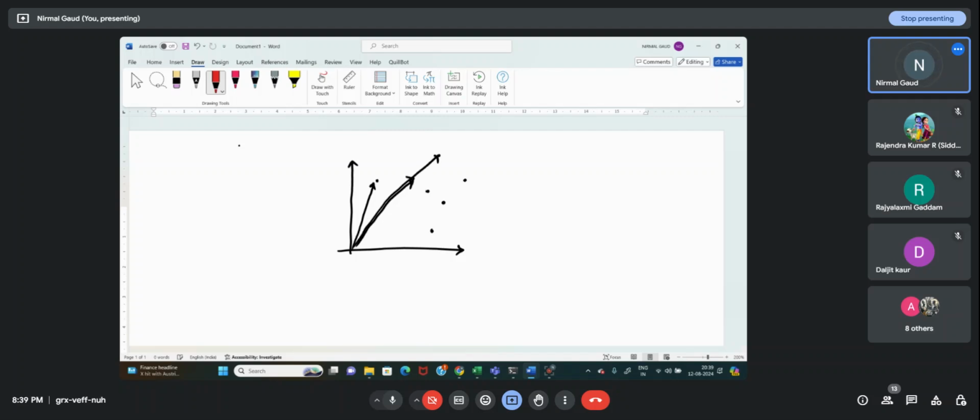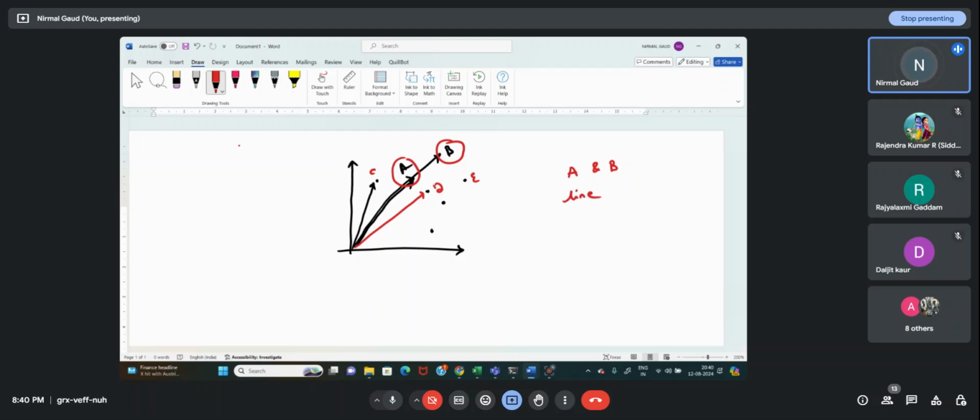Now, check out point A and point B. This is C. This is D. This is E. So these are the vectors for these particular points. Now, if I look at these two, the points A and B are coming in a line.